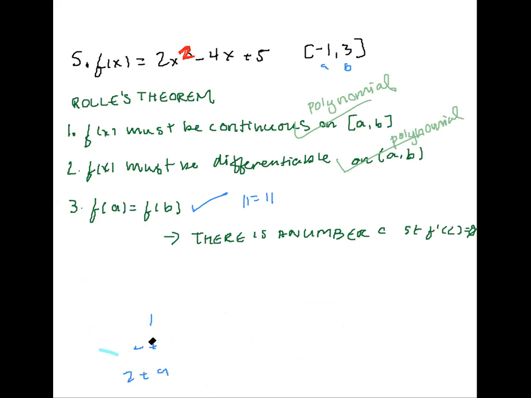What does this mean that we get to do with this? Now that we've shown that Rolle's theorem is valid, how can we use it? We're going to say that f prime of x is going to be equal to 4x minus 4.